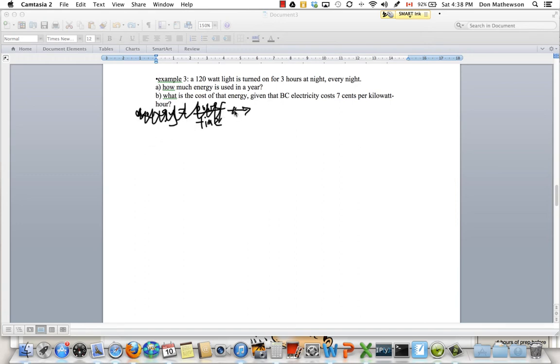Power is the ratio of energy to time. Now we're off and running. So that means if I want the energy used, I'm just going to take the power multiplied by the time, because rearranging this formula, power multiplied by time will equal energy. In physics symbols, an energy is a power times a time.